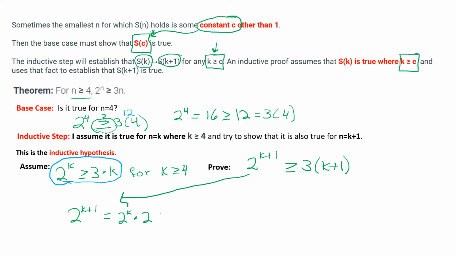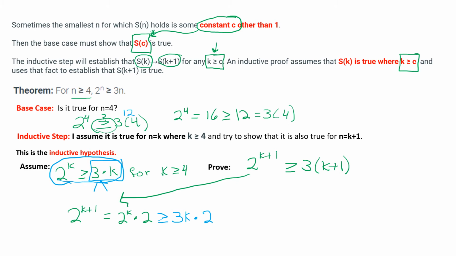If we write it that way, then I can make this assumption and say, let me get rid of that equal sign here. I'm going to say greater than or equal to, and what I'm doing is I'm coming over here and replacing that 2 to the k with 3 times k. 3k, that's based on that assumption, and then times another 2, right?